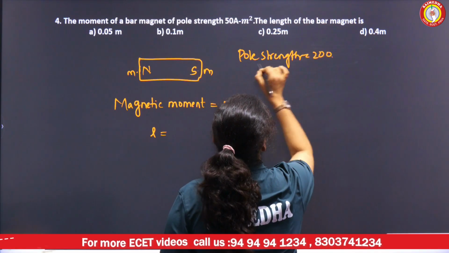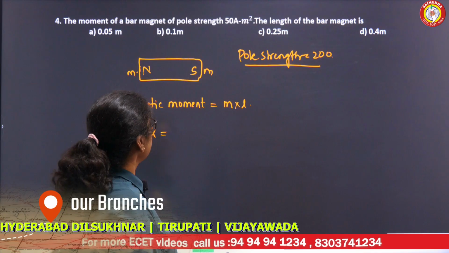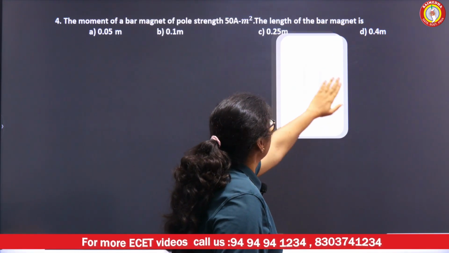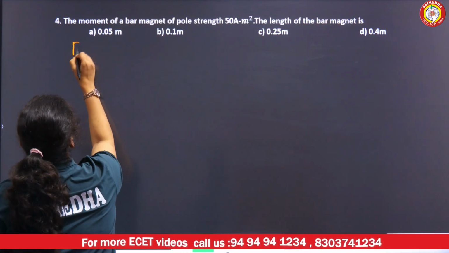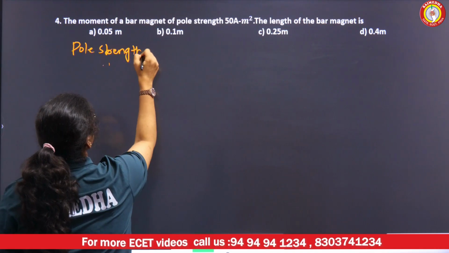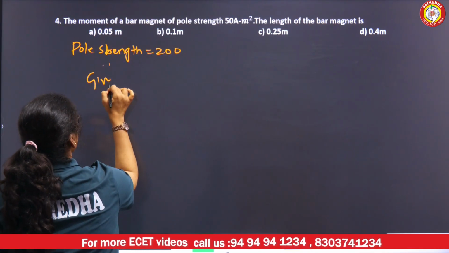You mentioned this one also in the question, the pole strength. The magnetic moment is equal to... In the question, the pole strength was missed. You write the pole strength value. The pole strength is equal to 200. Clear? So we'll write the given data.